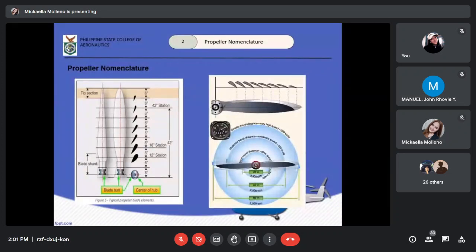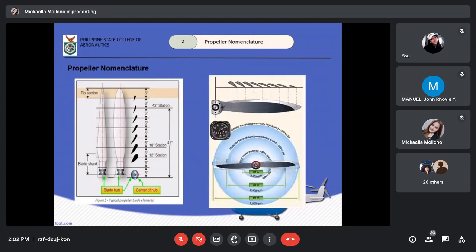And at the same time, masasatisfy pa din niya yung requirements ng blade when it comes to strength and stiffness. So, siya yung section na nag-generate ng most thrust. So, medyo critical yung ating dapat shape requirements for this one. Kailangan aerodynamically efficient pa din siya and strong and stiff.